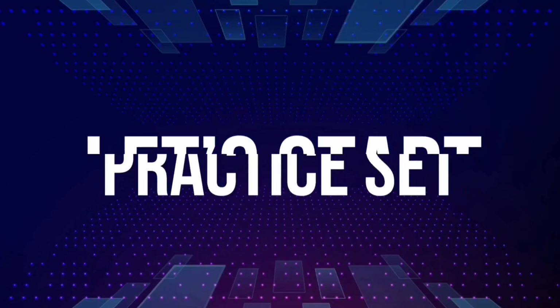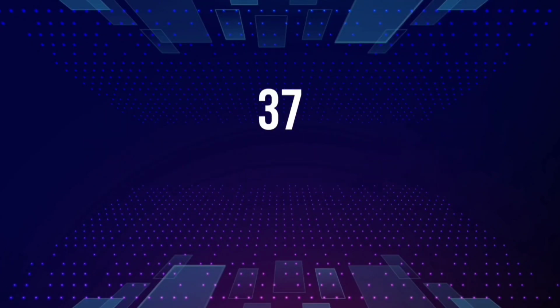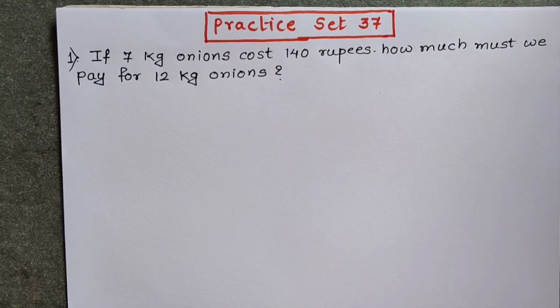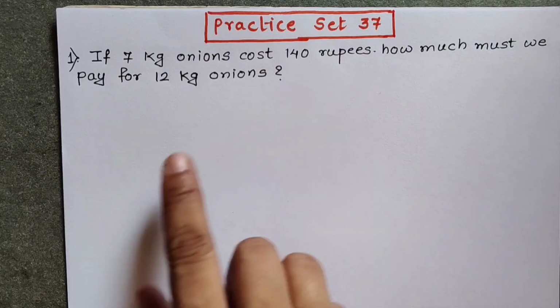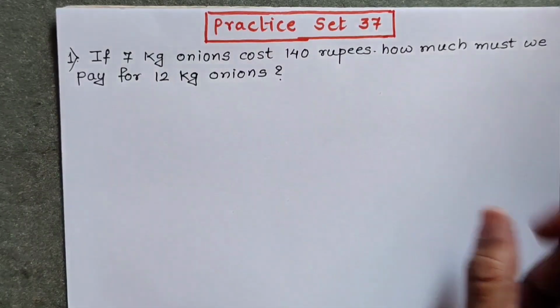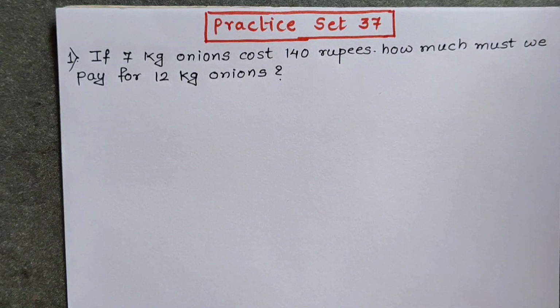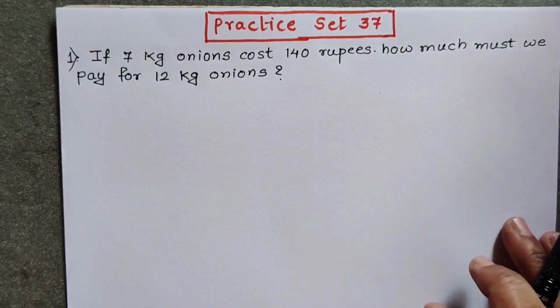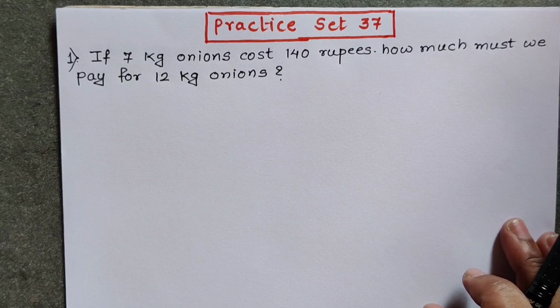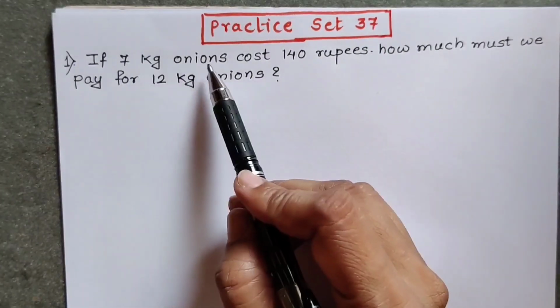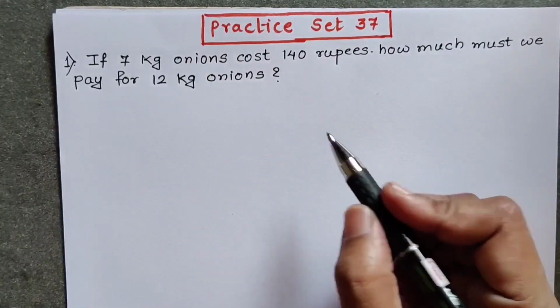Now let's start practice set 37. Question number 1 is, if 7 kg onions cost 140 rupees, how much must we pay for 12 kg onions? Now see, there is a proportion between the weight of onions and the cost of onions.